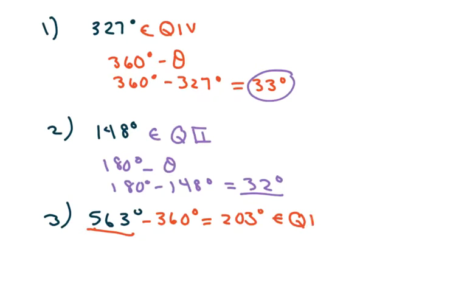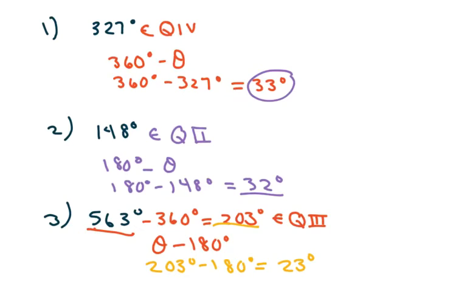So I'm going to use the formula for quadrant 3, the angle minus 180. I take my coterminal angle, 203 degrees minus 180, and that gives us 23 degrees.